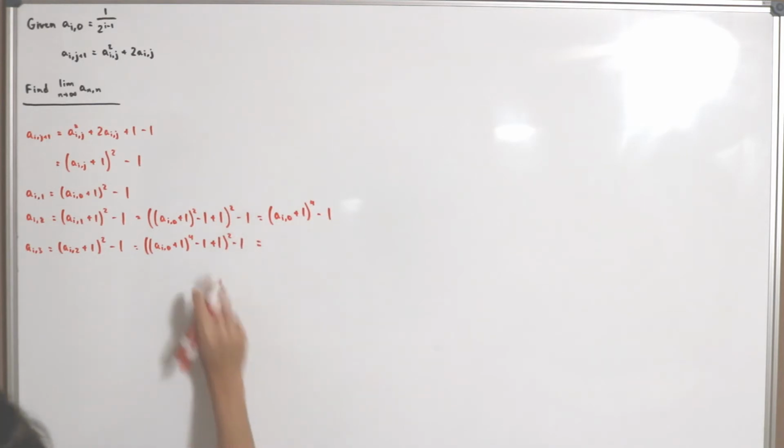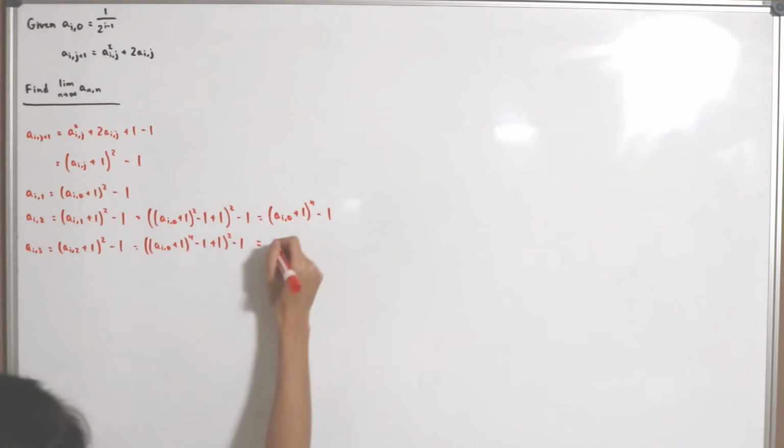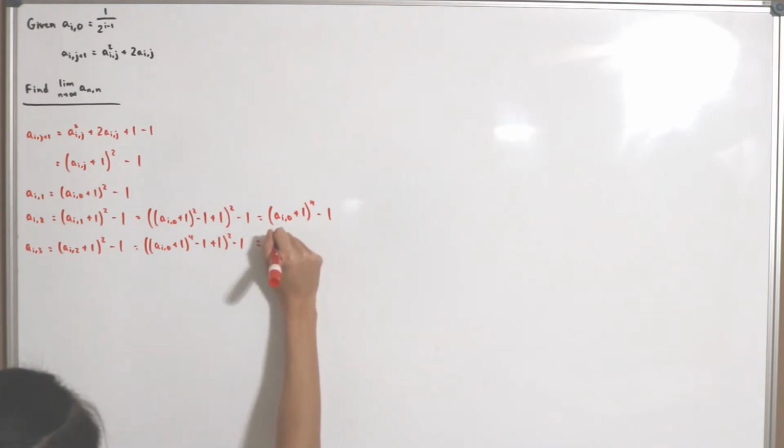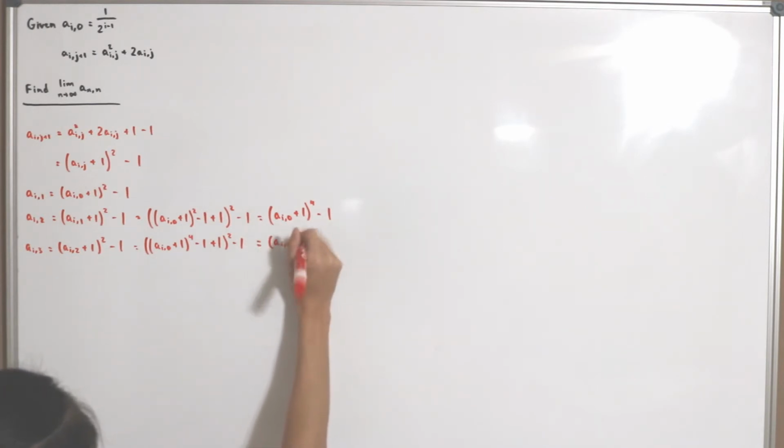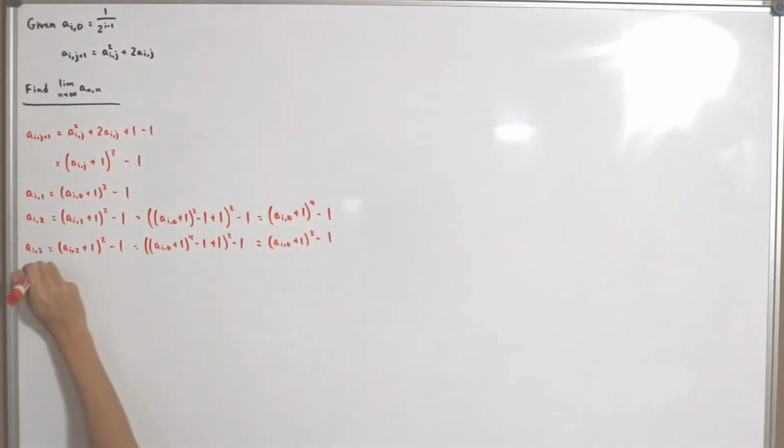Just like before, minus 1 plus 1 cancels, then we just distribute the power 2 into here, so we get the power 8. So a sub i,0 plus 1 to the 8th, minus 1. And now let's just keep going so forth.